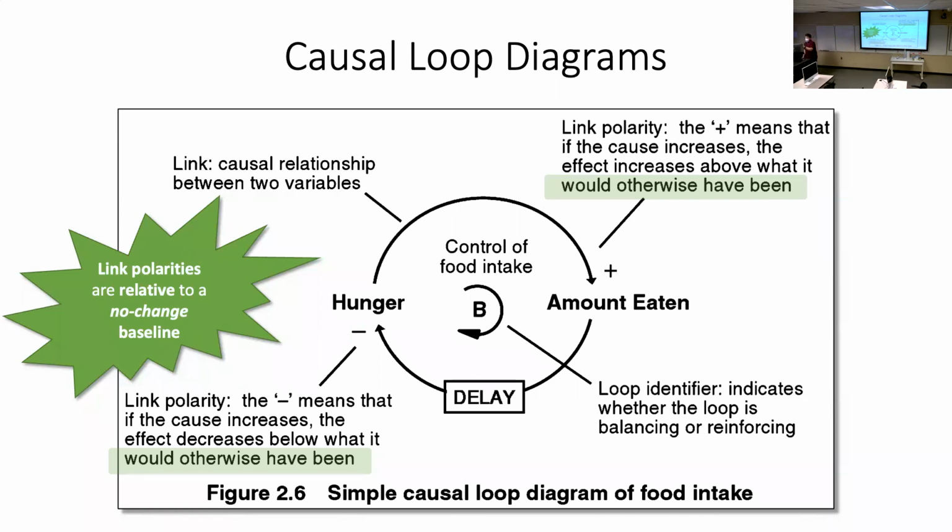Question online. So the pluses and minuses, in this case, are positive and negative changes. And so we can think of the plus as representing that there will be a positive change to amount eaten if there is a positive change to hunger. The minus here means there will be a negative change to hunger if there is a positive change to amount eaten.